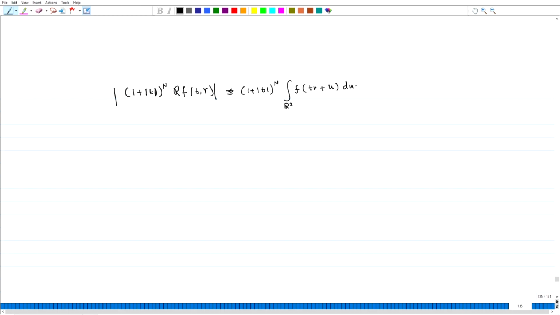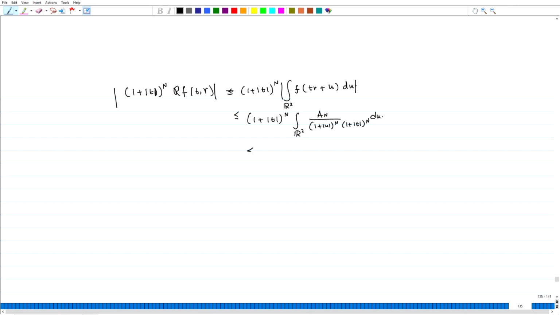If I take the modulus, then this is less than or equal to (1 plus |t|)^n times the integral over R^2. This is definitely less than or equal to some constant a_n over (1 plus |u|)^n times (1 plus |t|)^n du, because f is in the Schwartz space, as we have seen.